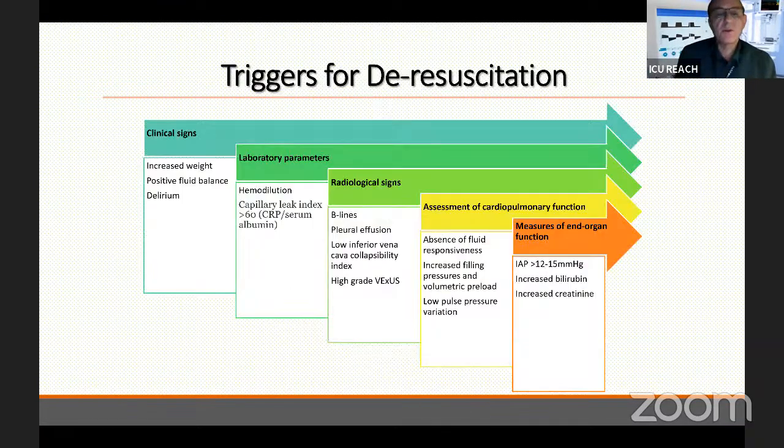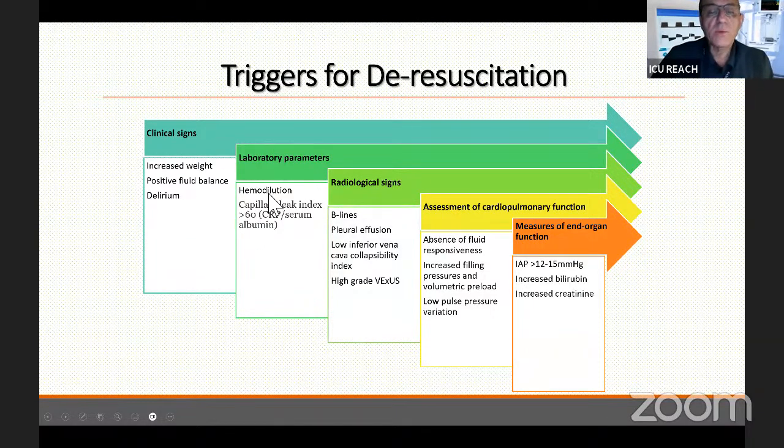But I also put it for you here in this diagram, where you have triggers for de-resuscitation, and that is based on clinical signs. If the patient's weight is increased, and the patient has positive fluid balance, and he has delirium, that may indicate that the patient is fluid overloaded.